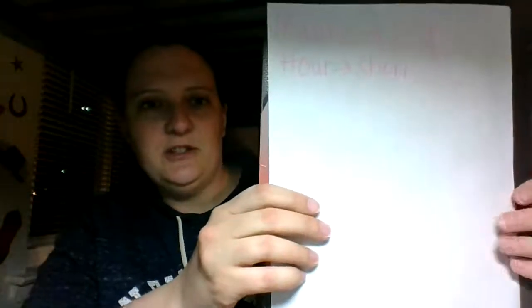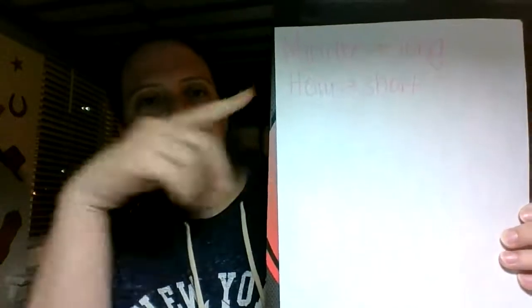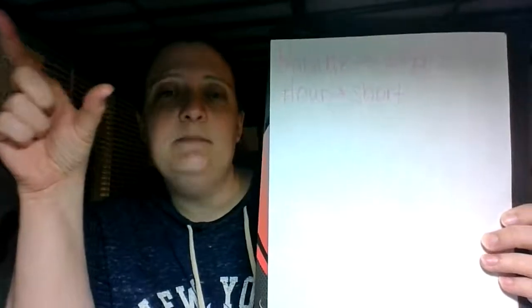So I know that some of you might be wanting to take notes. Some of you might just want a refresher. So I took some little notes. Sorry, I just realized that the pink is kind of hard to see. But keep in mind that the minute hand is the long hand. When we're looking at an analog clock, the long hand is the minute hand.